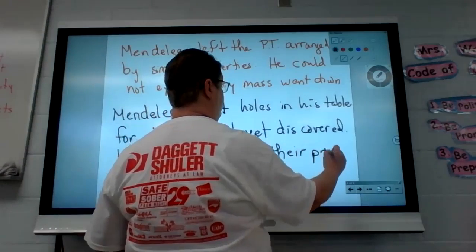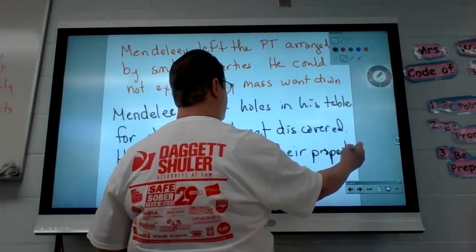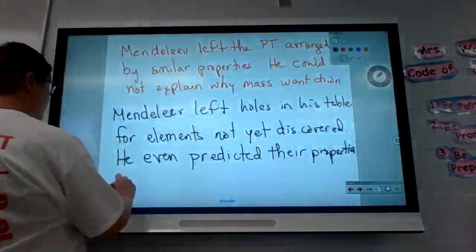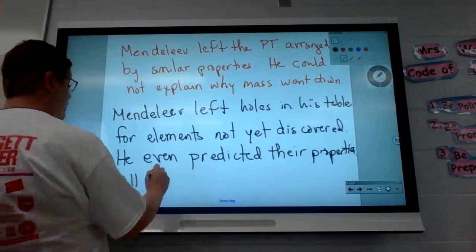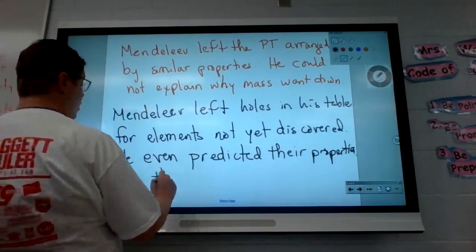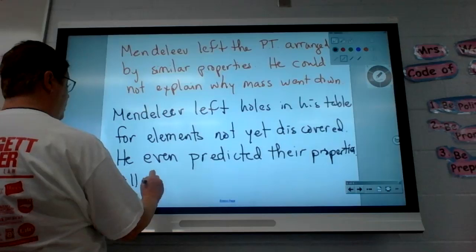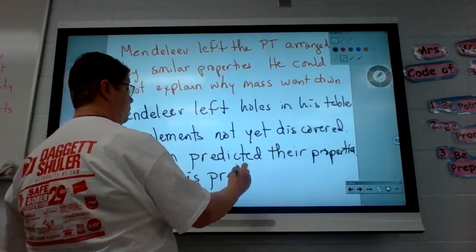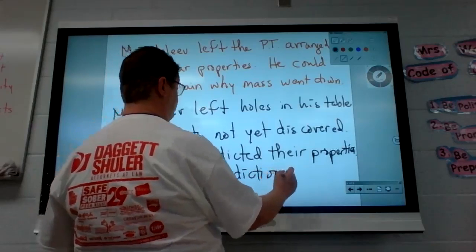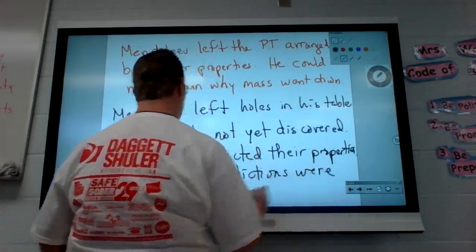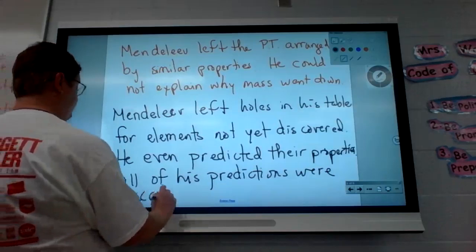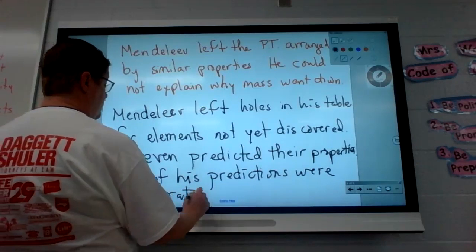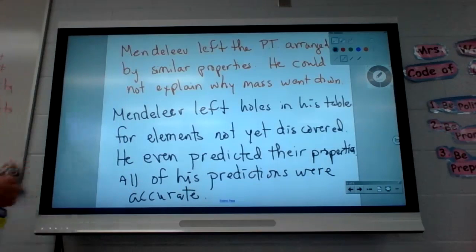So this man created the periodic table, the first one. All of his predictions were accurate. So, with the exception of not being able to explain why mass went down, everything else he did was correct.